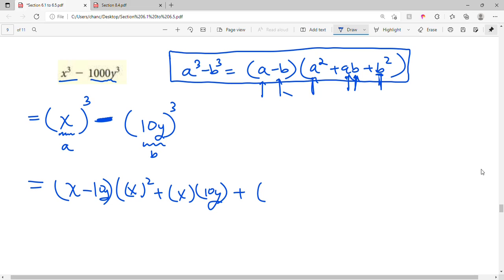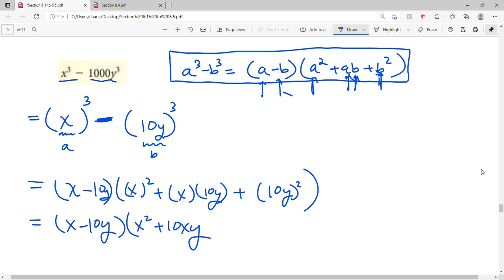So we'll add 10y squared at the end, and we'll close off that parentheses. Let's simplify. This is x minus 10y times x squared is x squared. x times 10y is 10xy, and 10y squared is 100y squared. And that's the factored form of x cubed minus 1000y cubed.